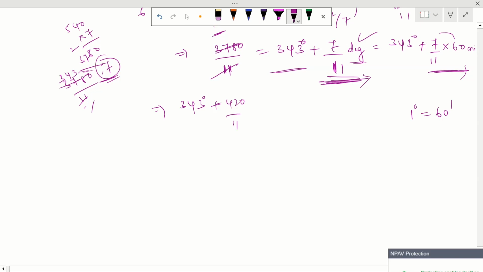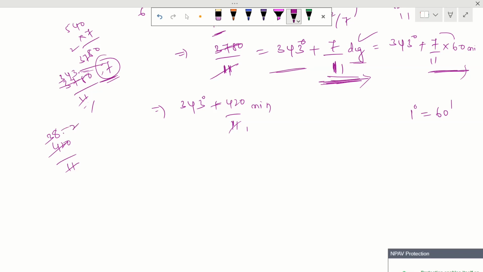7 times 60 is 420, so 420 divided by 11, which is in minutes. I will do the calculation separately. 11 threes are 33, 9 remains, so 90. 11 eights are 88, 2 remains.